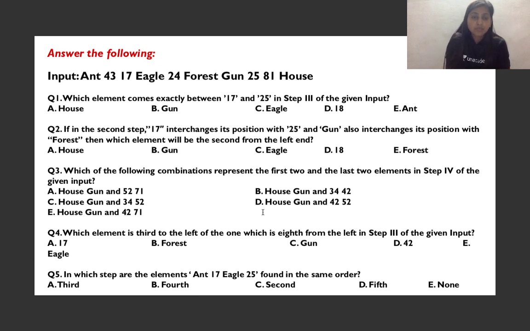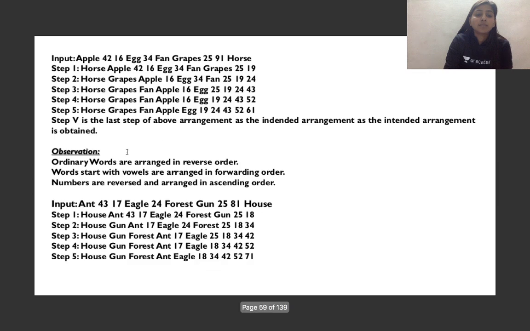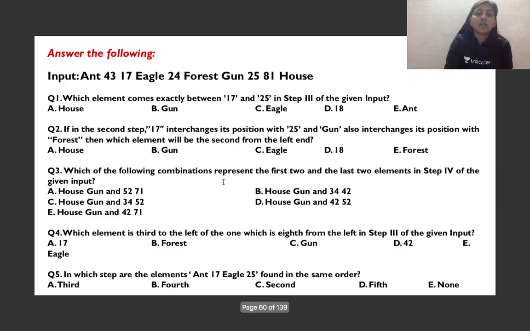So, which element comes exactly between 17 and 25 in step 3 of the given input. In step 3, between 17 and 25, what is there? Equal. So option C. Question 2.